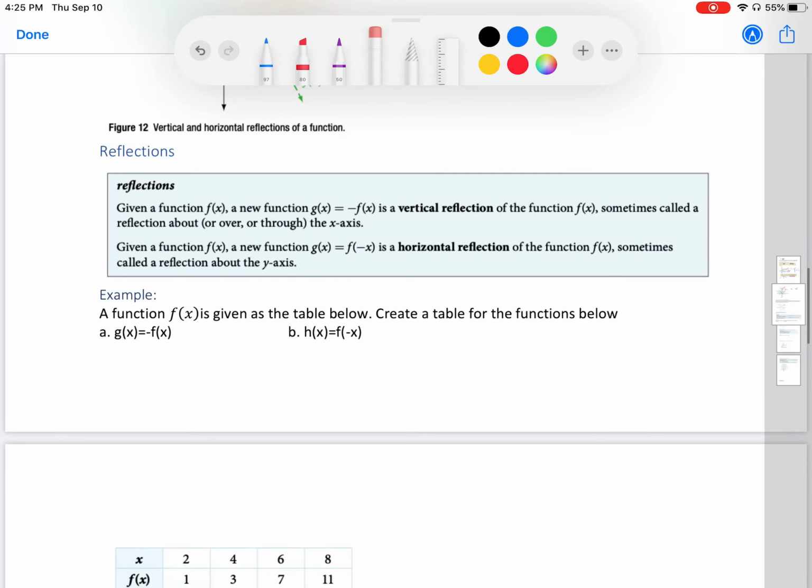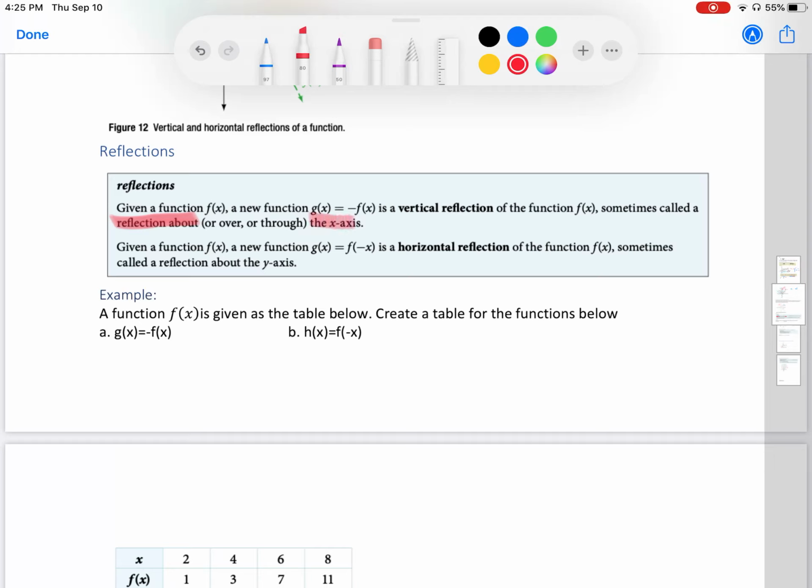Let's read the definition. Given a function f of x, a new function g of x equals negative f of x is a vertical reflection of the function f of x, sometimes called a reflection about the x-axis.